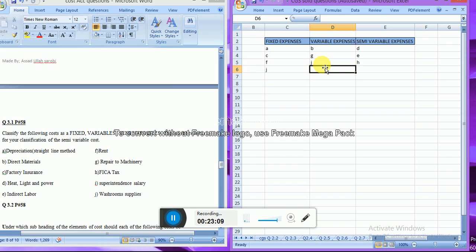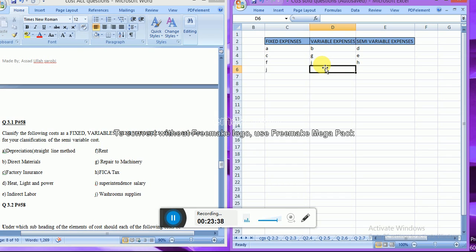If we produce less, we need less raw material. Semi-variable expenses are those costs which have both qualities, fixed as well as variable. That's why these are also called semi-fixed costs.